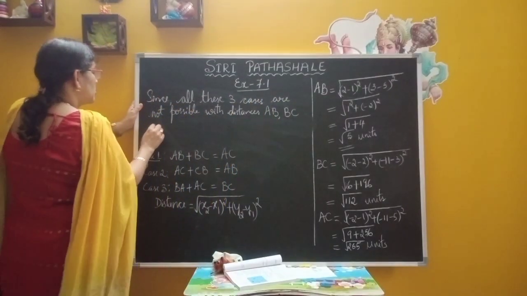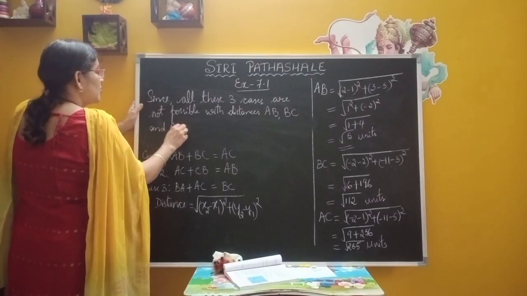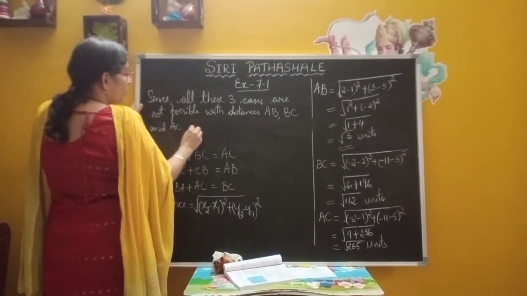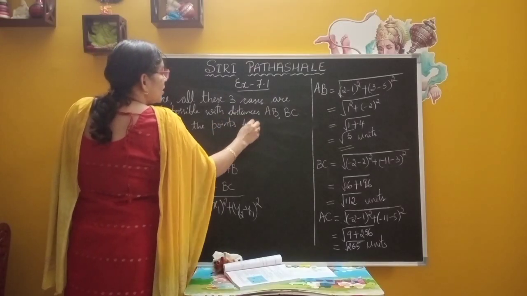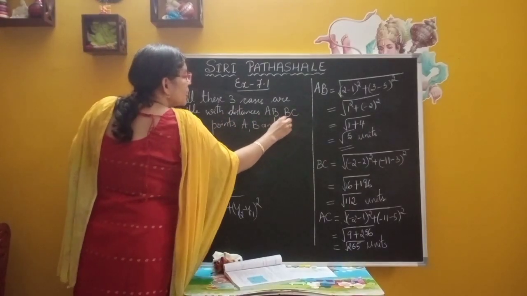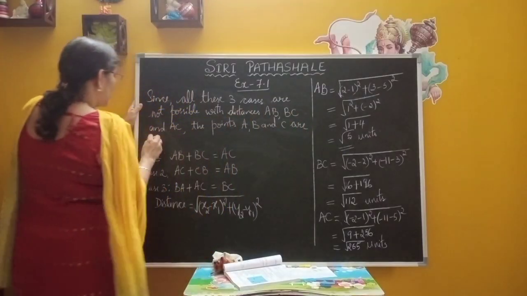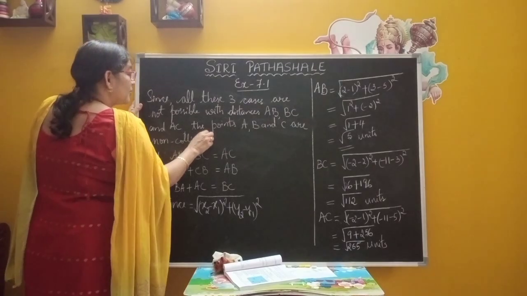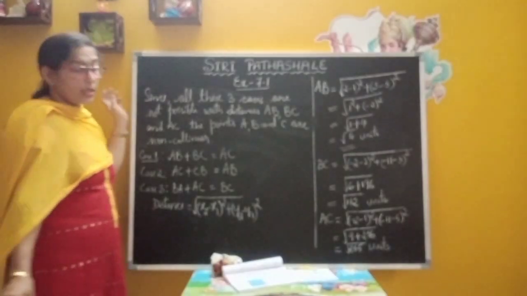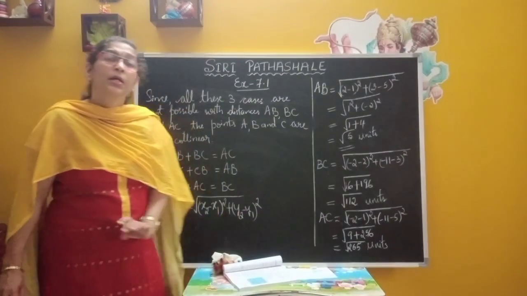With the distances AB, BC and AC, the points A, B and C are non-collinear. Meaning they are not on a single straight line. Okay, non-collinear. So we are done with the third problem.